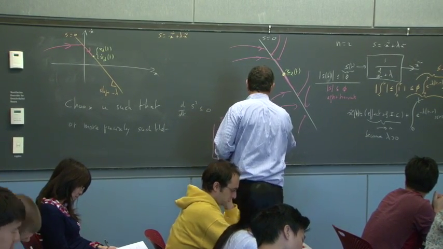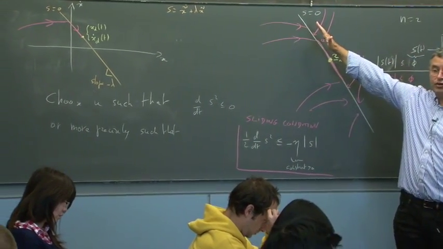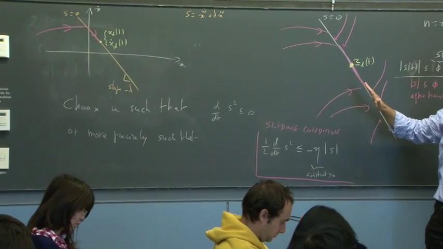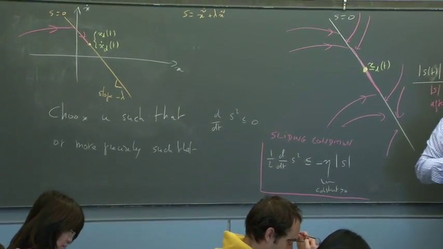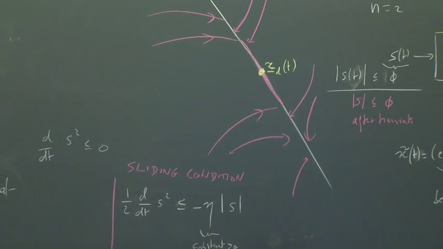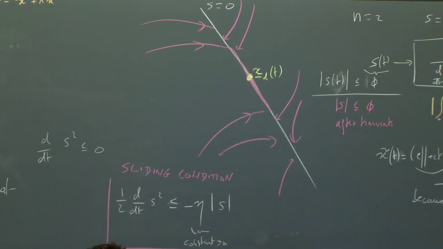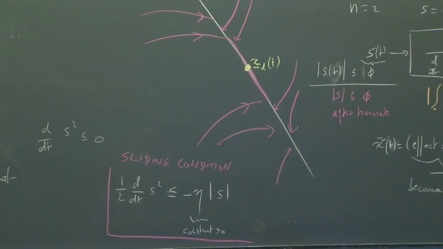And the reason, of course, it's called a sliding condition is that once you reach s equals 0, you slide along the surface with the dynamics given by the equation of the surface itself. Okay.